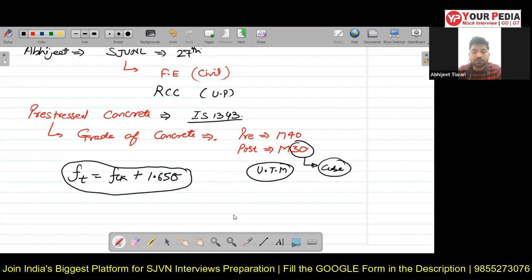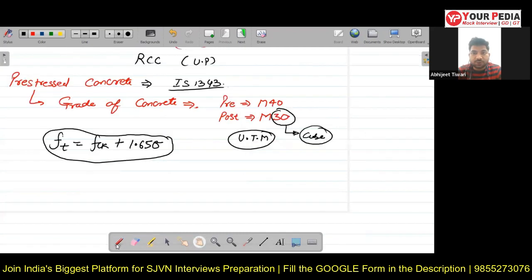Means we have to reduce the strength by 1/3 when we design the concrete in compression. That is sigma cbc is equal to fck by 3.